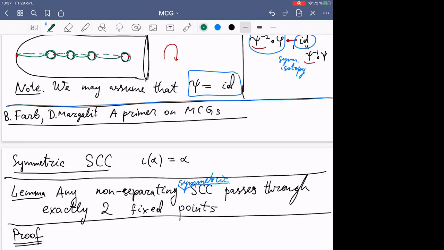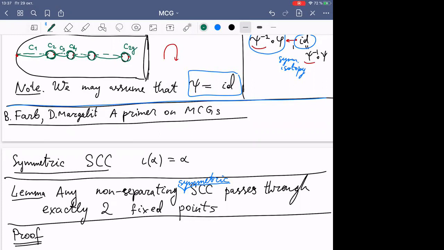This is one particular chain of symmetric simple closed curves: C1, C2, C3, C4, and so on, up to C2g.